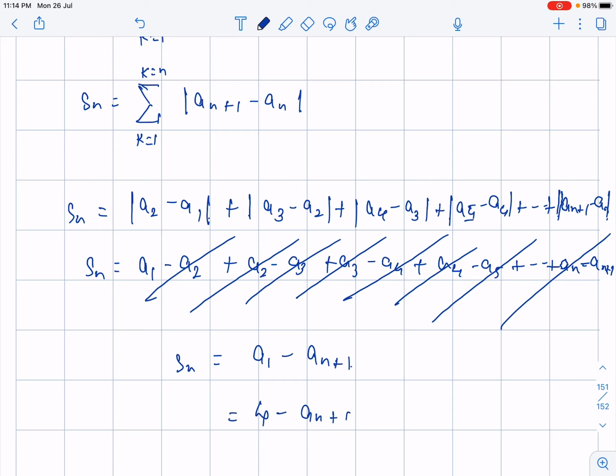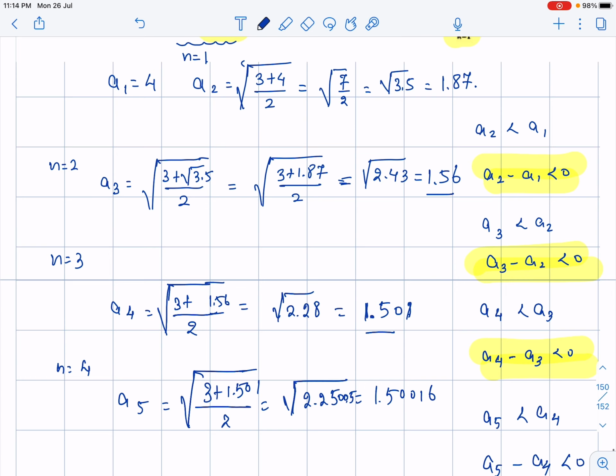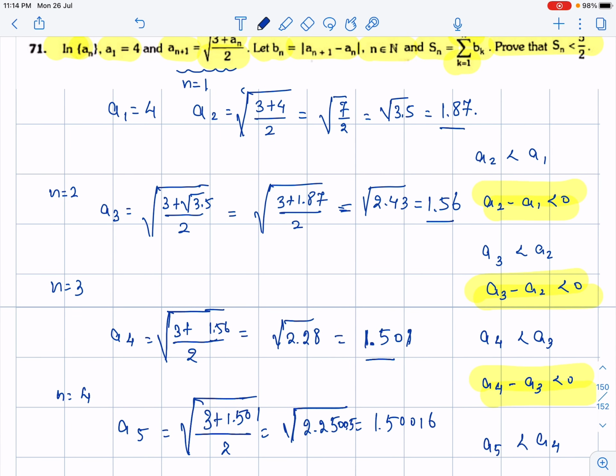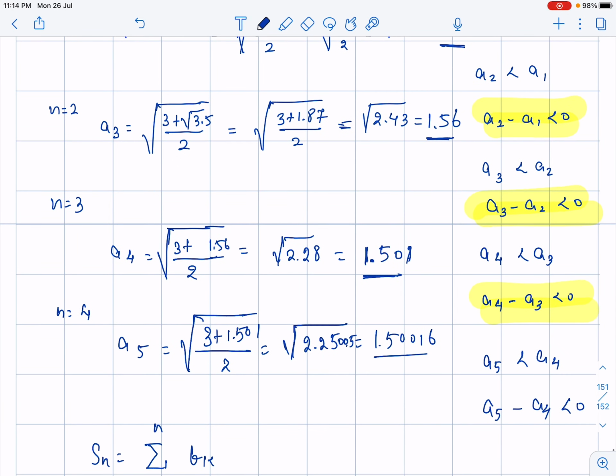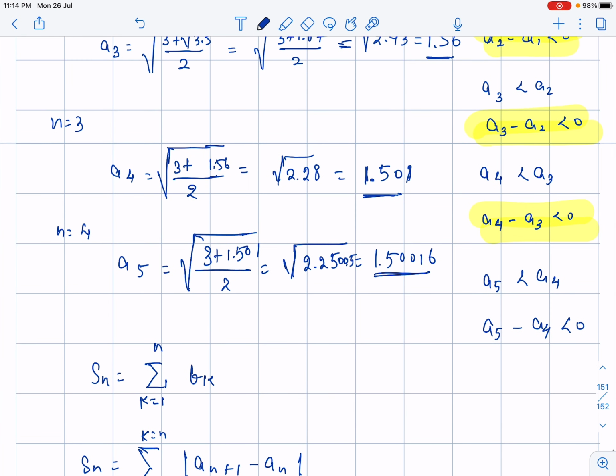Minus a(n+1). Now let's talk about the value of a(n+1). Which type of values were we getting? The very first time 1.87 I was getting. Then 1.56. Then 1.50. Then 1.50016. Guys, if I proceed further, then too I'll get the same type of number, which will be a little greater than 1.5.